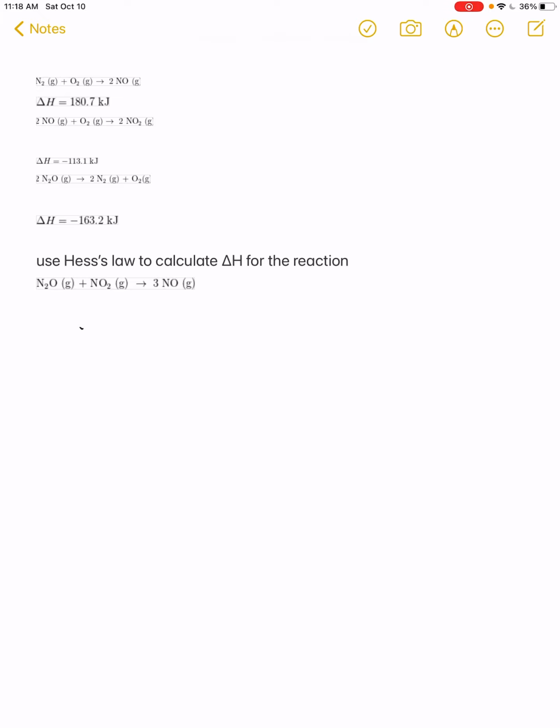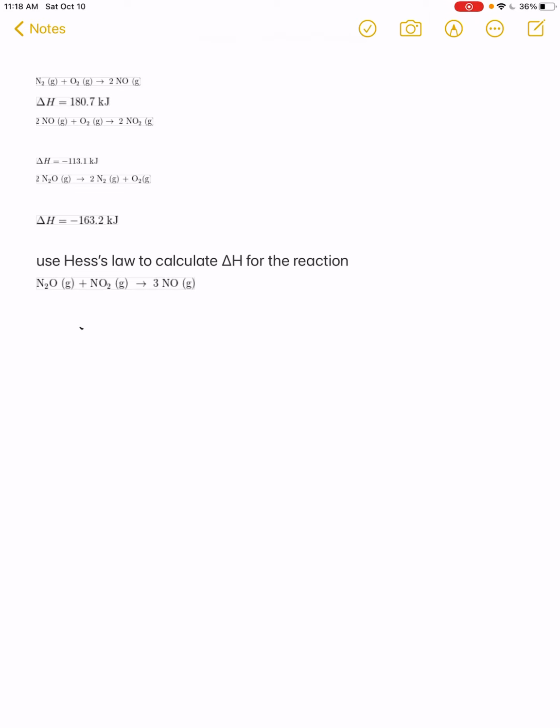With Hess's law, we can try to manipulate the reactions for which we know the delta H to add together to give us the overall reaction that we're trying to determine.